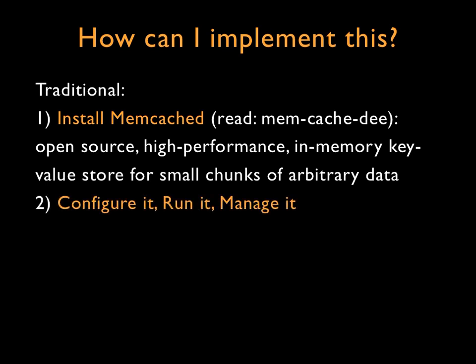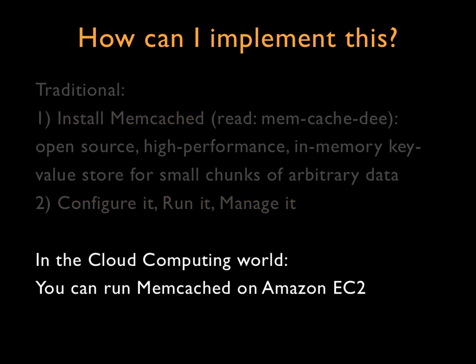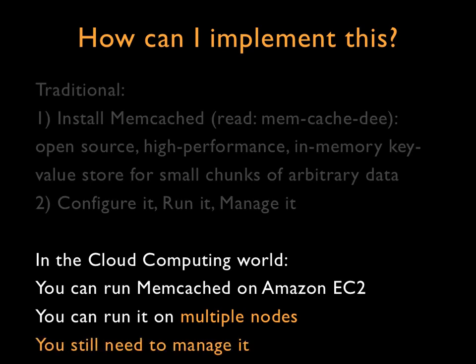And then you will need to configure it, run it, manage it, update it, etc. In the cloud computing world, you can run memcached on Amazon EC2. Amazon EC2 is a web service that provides virtual servers on demand. You can run it, of course, on multiple nodes if you need bigger amounts of RAM. And of course, you still need to manage these machines by yourself.